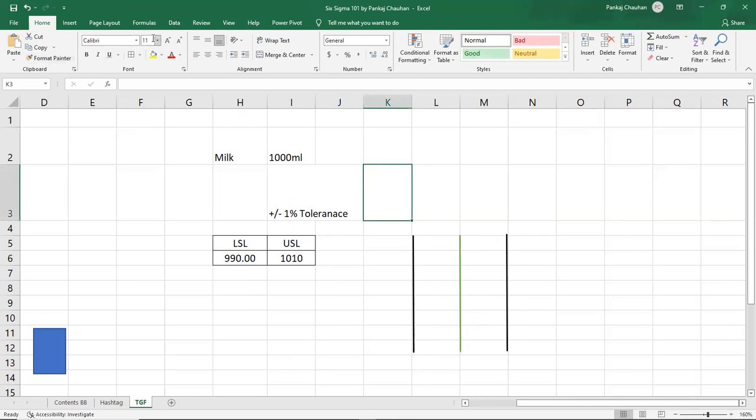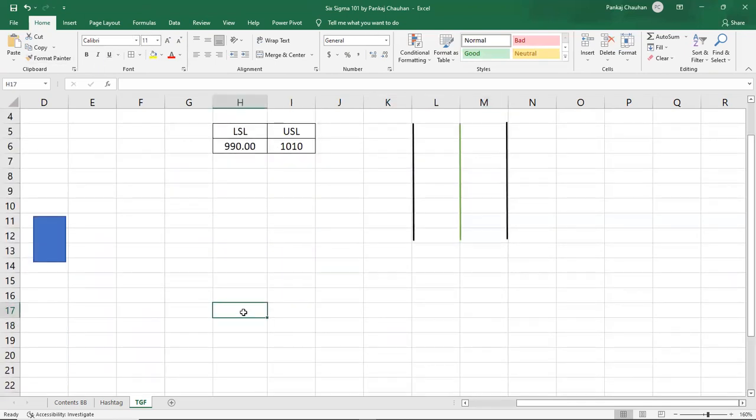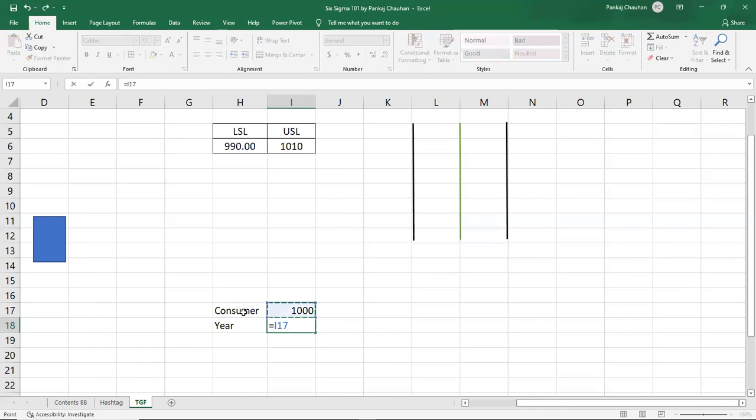So when you start manufacturing, suppose you are a supplier, looking from the supplier perspective. Let's first look from the consumer perspective. That will be better. You are a consumer and you are buying 1000 ml every day, 1 liter of milk. So in a year, you are buying approximately 1000 multiplied by 365, just looking from one consumer's perspective.